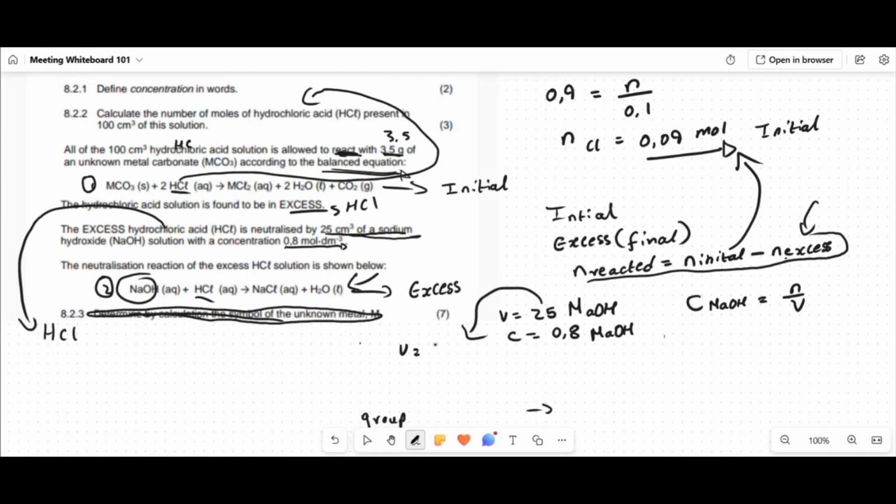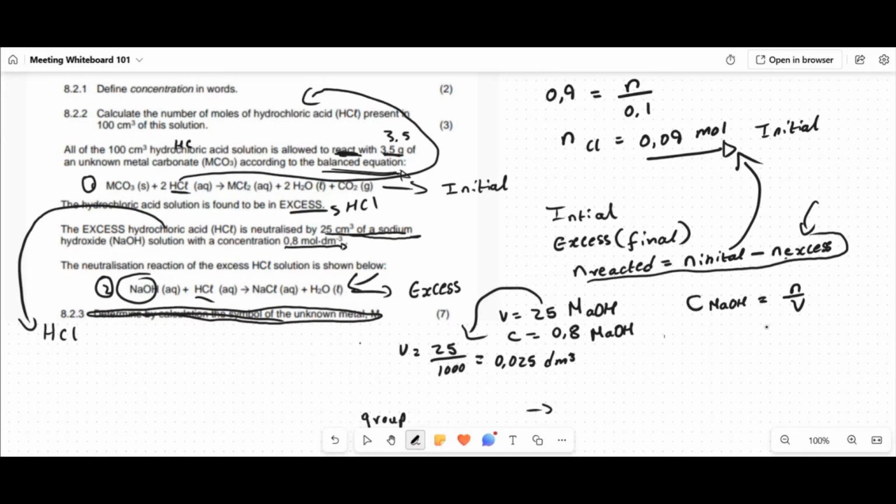V will be equal to 25 divided by 1000, which is 0.025 cubic decimeter. This is what I have.